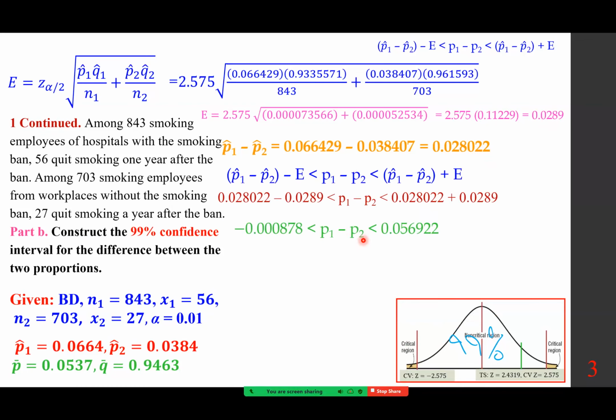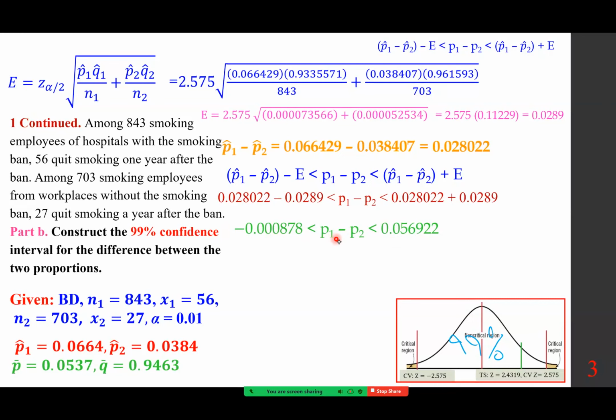P1 minus P2 is between these two numbers. Negative 0.000878 and positive 0.056922. If you don't put enough decimals, this ends up being 0, which is wrong. Okay, it's a negative value. Make sure you use enough decimals. So what happens is that you are going to go from a negative value to a positive value, which means P1 minus P2 does contain 0.